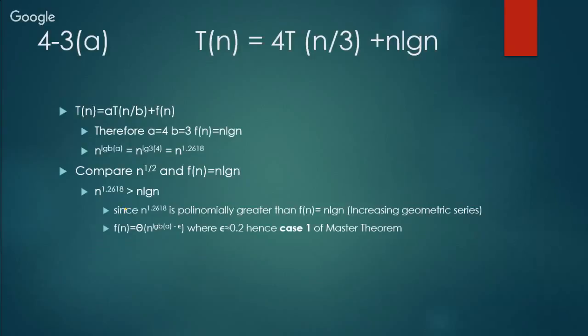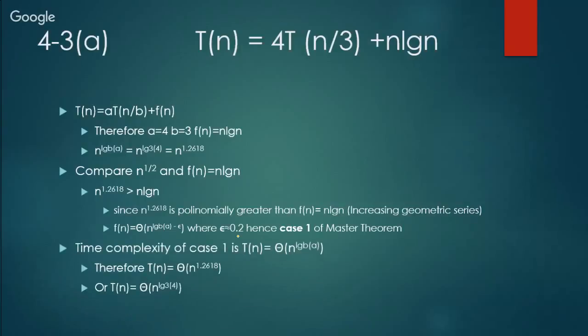Therefore, since n^1.2618 is polynomially greater than f(n), which is an increasing geometric series, we are able to take case 1 of the master theorem, where we shall need to subtract some epsilon, approximately 0.2, from the equation, and therefore our time complexity will be theta of n^(log base 3 of 4).